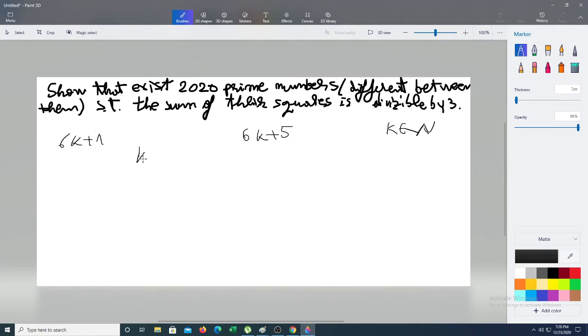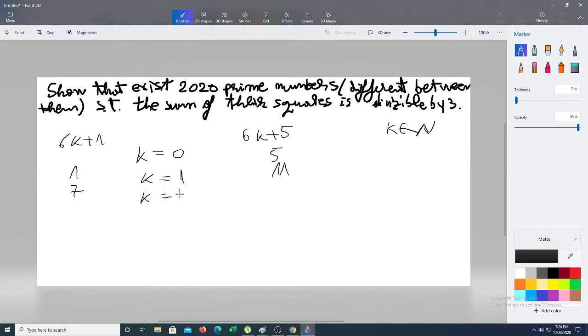we'll have for k equals 0, here 1 and here 5. For k equals 1, here we have 7 and 11. We have prime numbers, without 1.